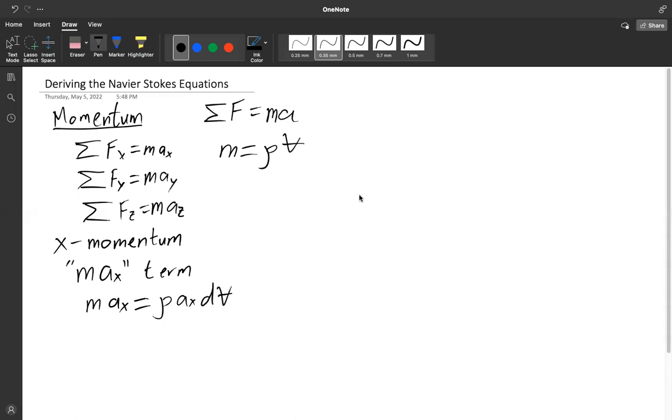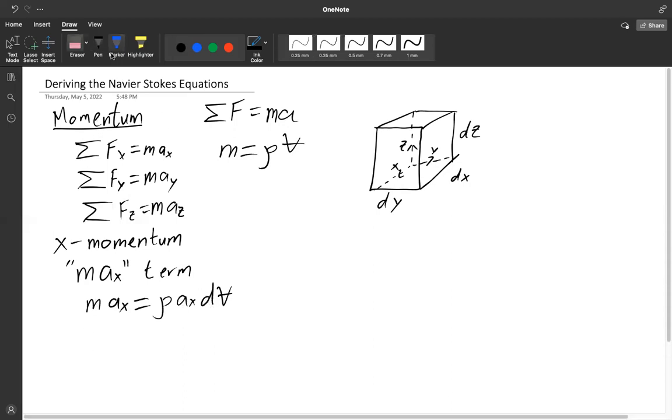The reason why we have dv is because our control volume is infinitesimally small. Let's say this is z, this is x, and this is y. So this will be dx, dy, and dz, and that's why we have dv.